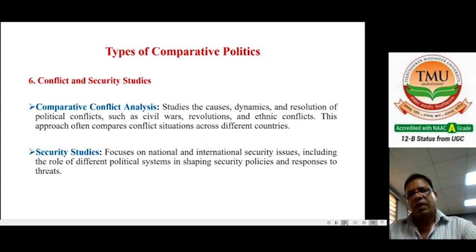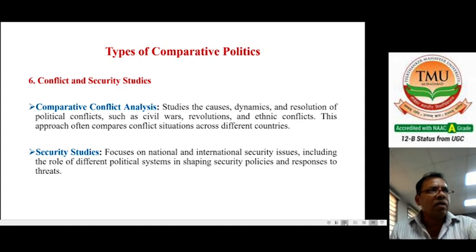In these types of comparative politics, a state or society always has some kind of scarcity of resources. There may be a clash of civilizations, sometimes a clash of ideas, sometimes a clash of religions and all those things.